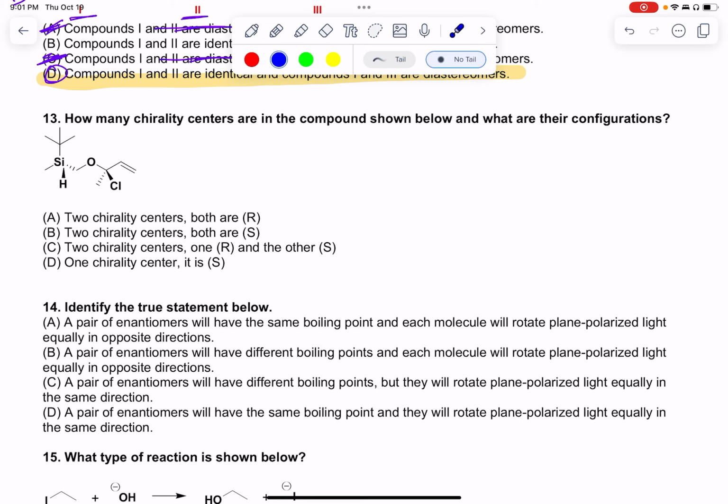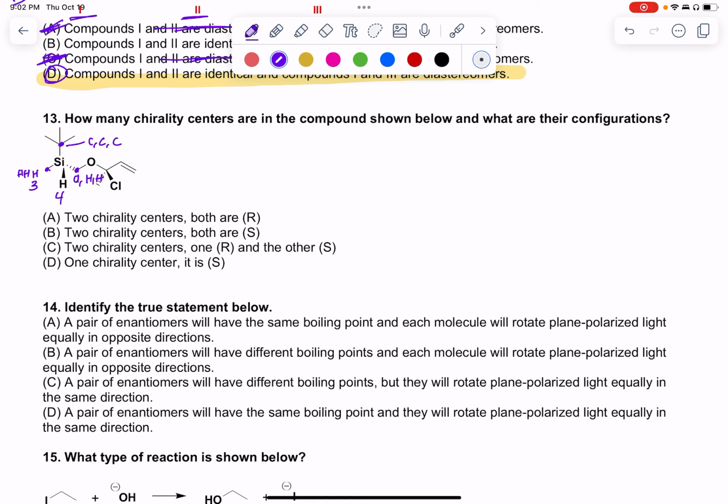So let's figure out what their absolute configurations are. Looking at this silicon, we've got a C and a C, so that didn't help us. But this C is attached to three C's, C, C, C. This one is attached to an oxygen and two hydrogens, O, H, H. And this one's attached to three H's. So this one gets the third, because there's a hydrogen that gets the four.